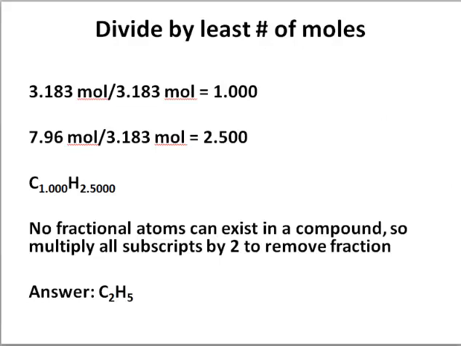Now, divide both of these numbers by the least number of moles. So, 3.183 mole is divided by 3.183 mole to give 1 for carbon. 7.96 is divided by 3.183 to give 2.5 for hydrogen.